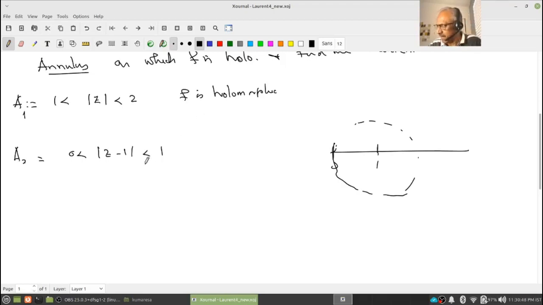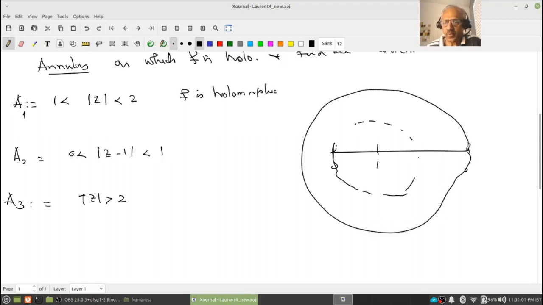And there is also a third one: mod z greater than 2. So you avoid everybody. I have 2, take the closed disc and throw it out. This is my domain A3.